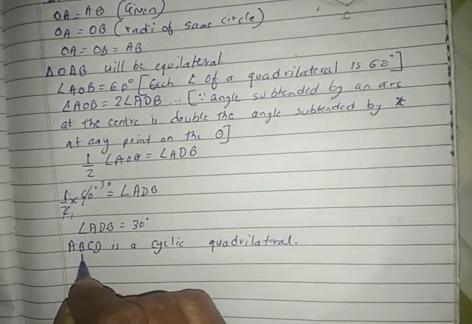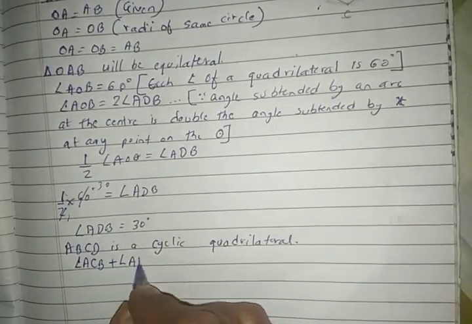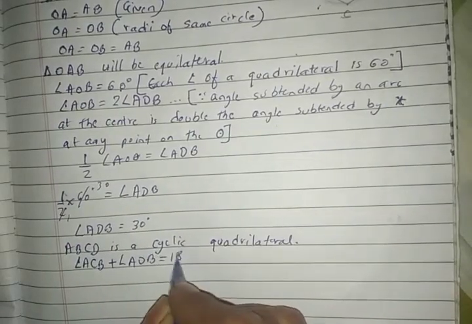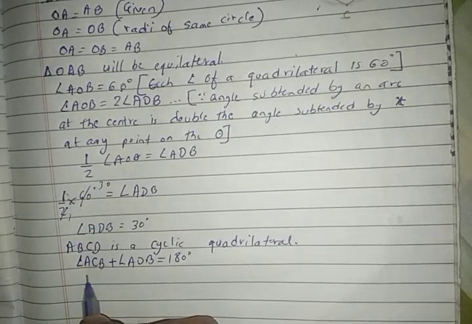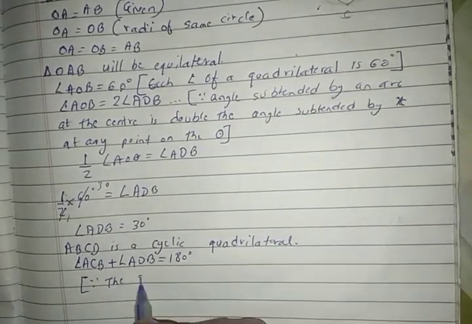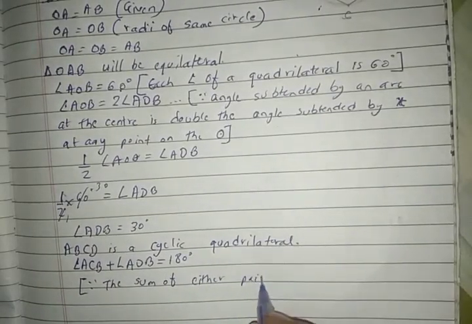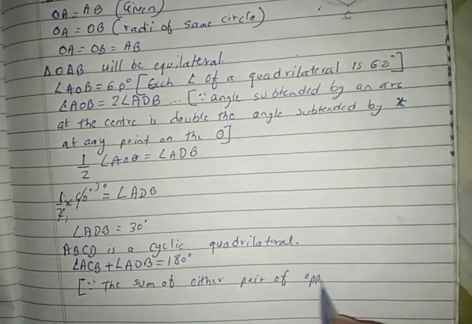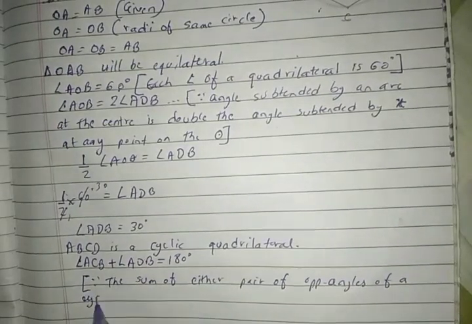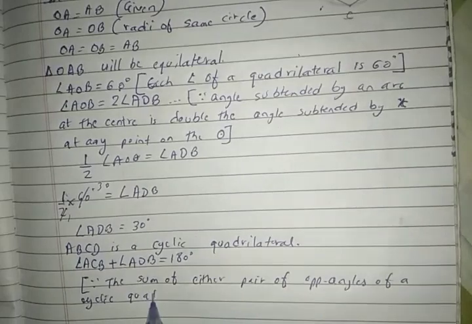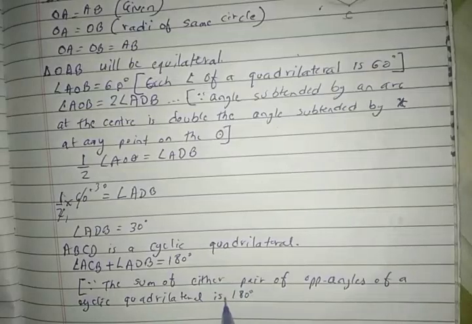So we will write angle ACB plus angle ADB equal to 180 degrees, because the sum of either pair of opposite angles of a cyclic quadrilateral is 180 degrees.